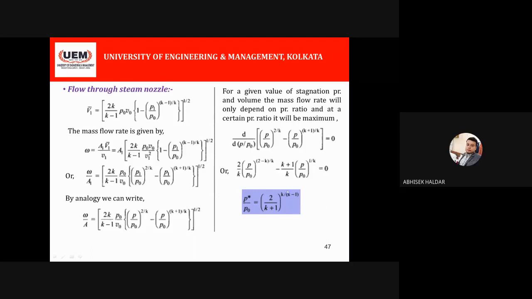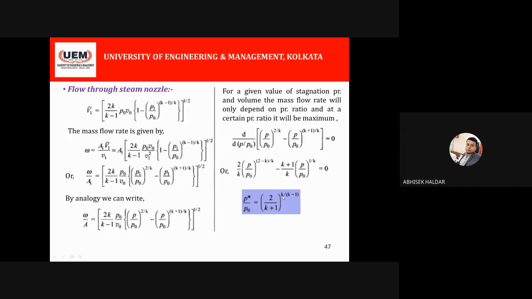This derivation may be asked. It is a bit long compared to the earlier ones, but it often comes in your semester exam also. You have to derive the expression of critical pressure ratio.